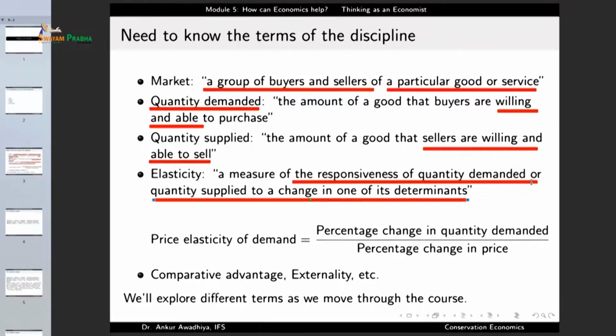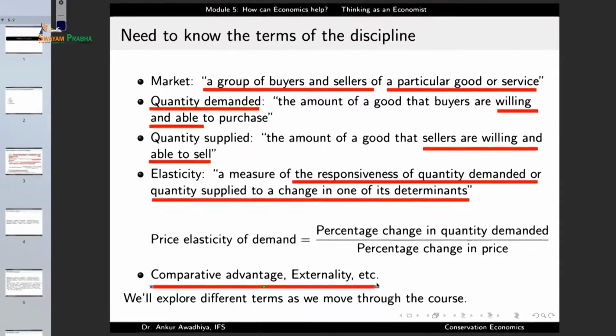And so the quantity that is demanded is more or less fixed. Similarly, in the case of a number of industrial products, it is difficult to change the quantity that is supplied on a short-term basis. And so the supply of such goods and services will be called inelastic.